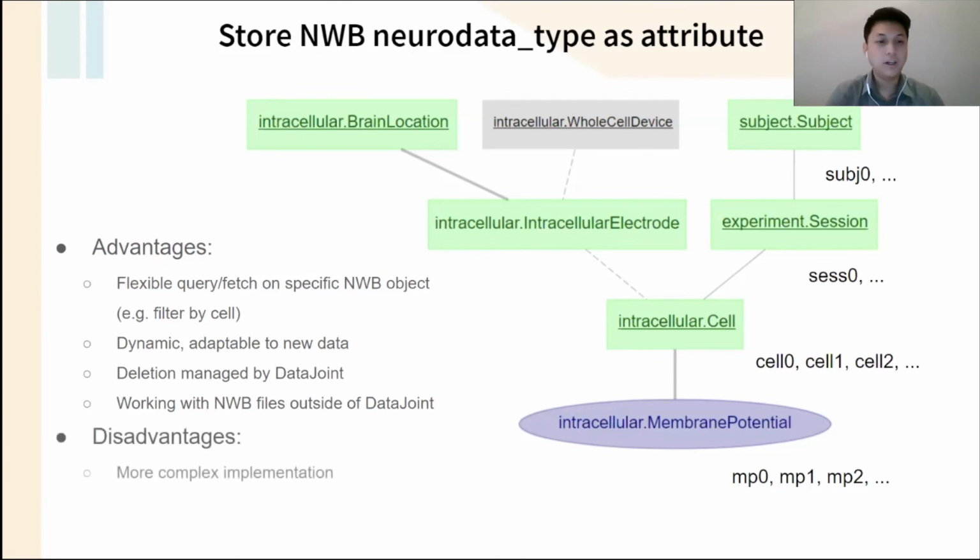So one disadvantage here is the implementation is certainly more complex. You would have to define a new adapter class for any of the new NWB neurodata type that you want to introduce here. And different people, different labs may have slightly different implementations. So that would be one, perhaps, disadvantage.